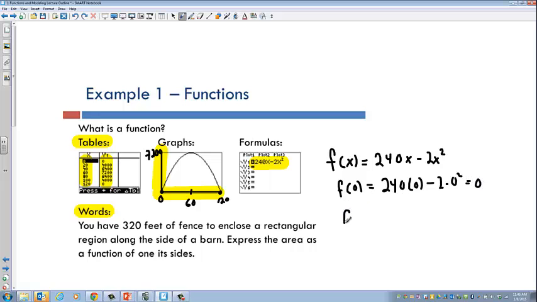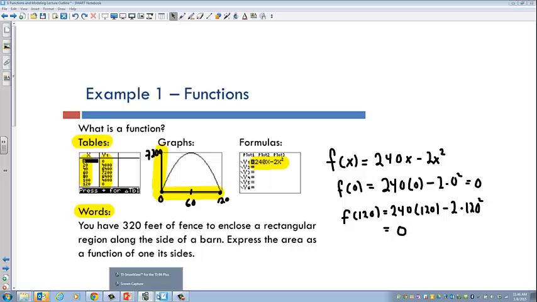And you'll find if you plug in 120, you would take 240 times 120 minus 2 times 120 squared, and the number you're going to get out is also going to be 0. And you can check this on your calculator if you like.